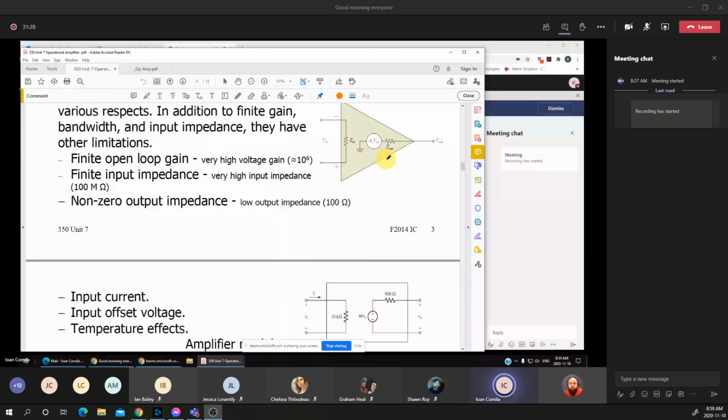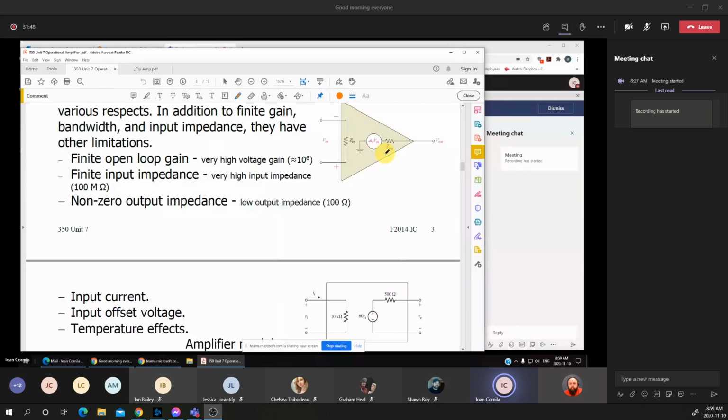The output impedance, you notice that the ideal has an output impedance of 0, but in practical or real op amps, the output impedance is around 100 ohms.